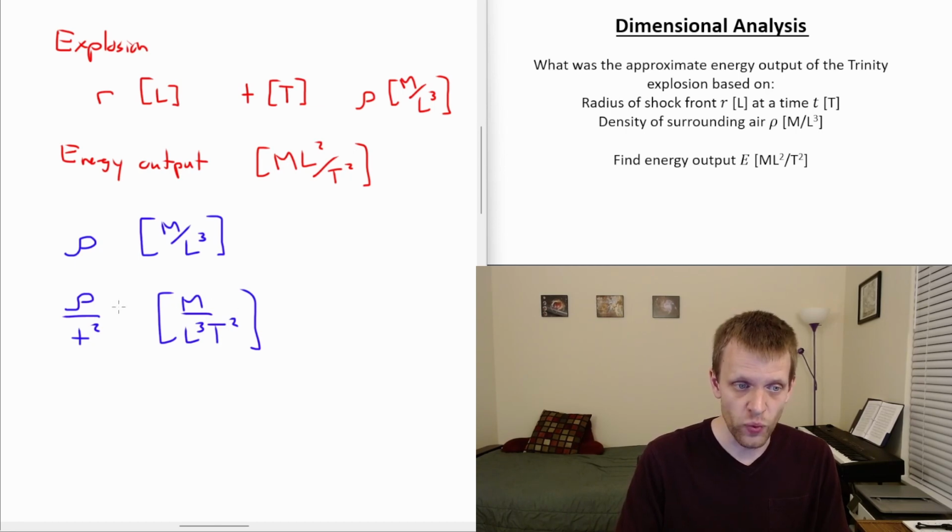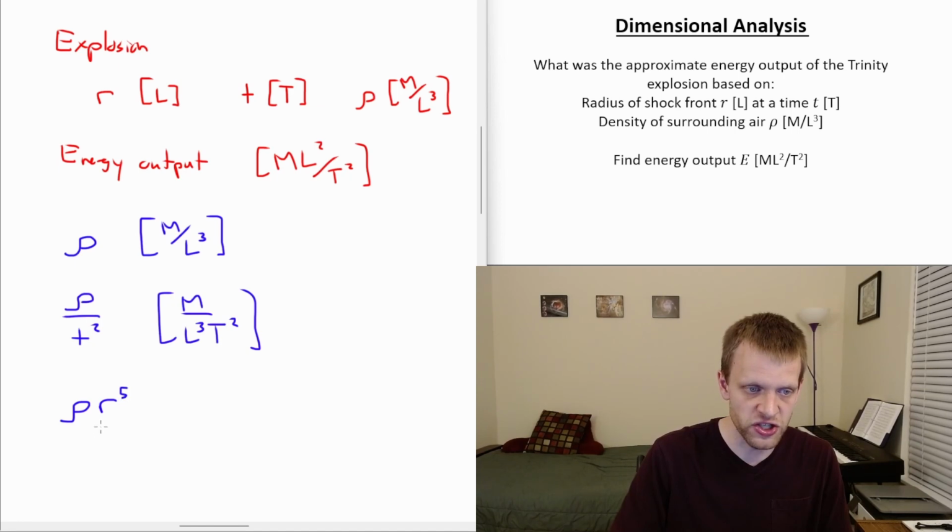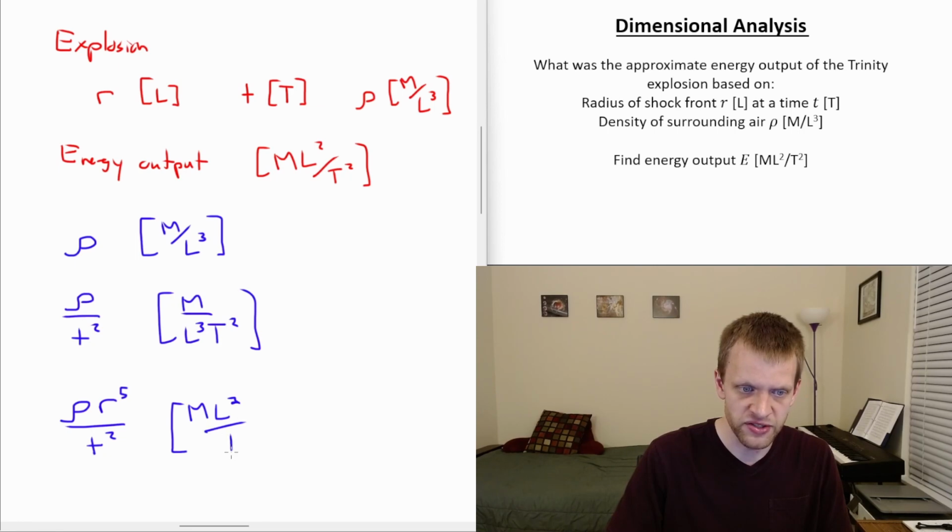So the way that we're going to get that is by multiplying this by r to the power of 5. So if I do density times the radius of that shock front to the power of 5 over t squared, if I multiply this by 5 powers of length, we're going to cancel out these 3 powers of length in the denominator and get mass times length squared divided by time squared.